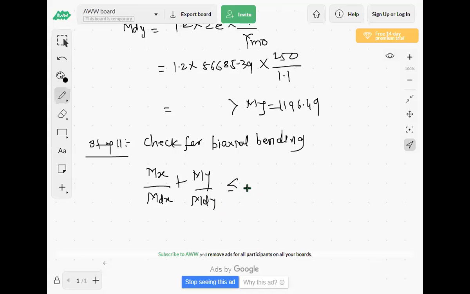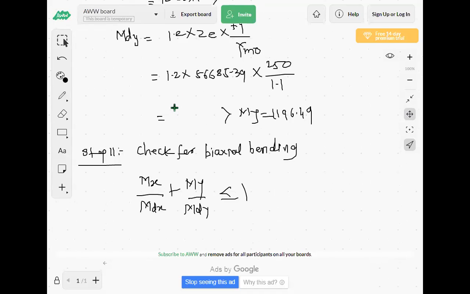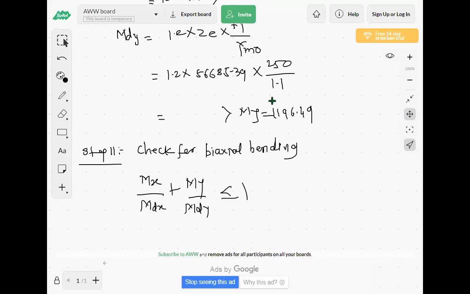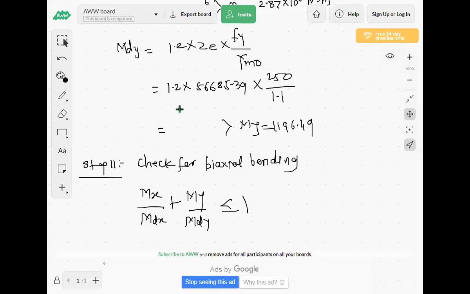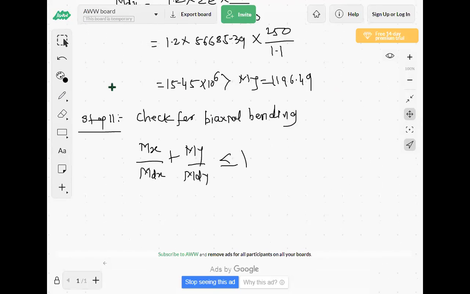It should be less than 1. So how much value this mdy? So mdy value is 15.45 into 10 raised to 6. It means this is again greater. So now take check.